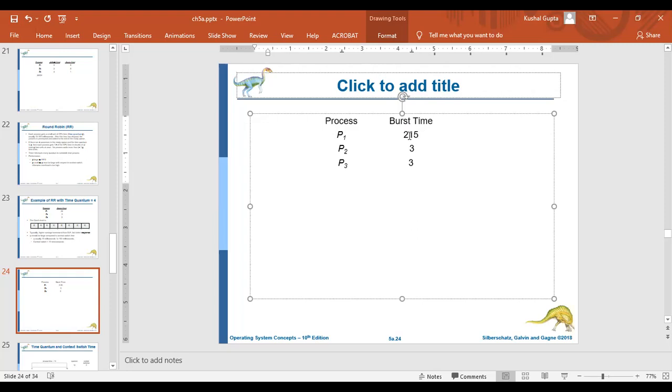I'm changing some values here like this. 15, 4, 15, 1 second.